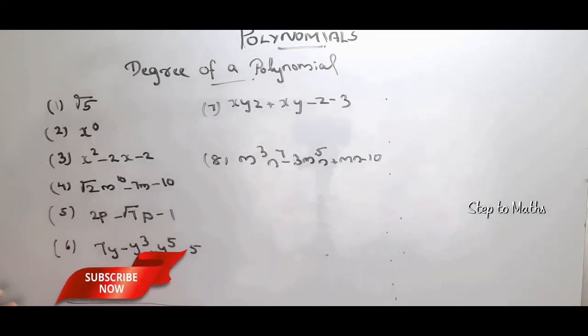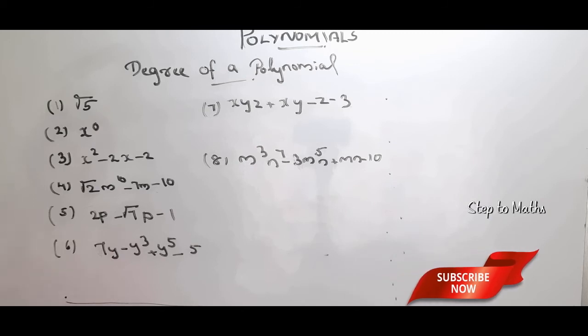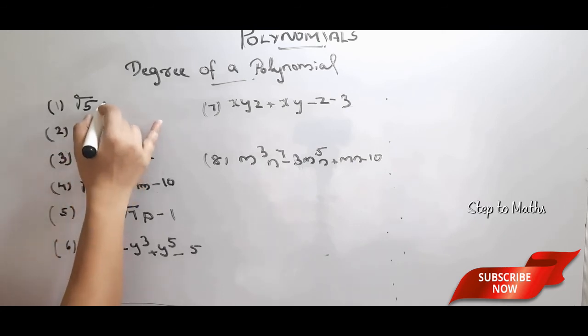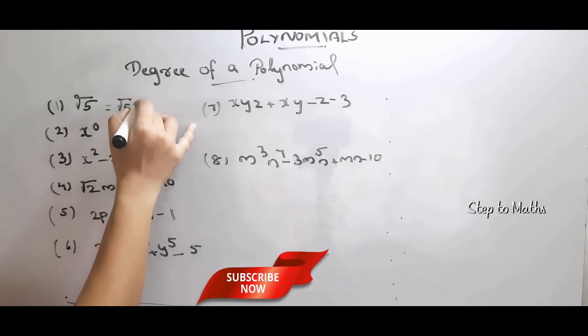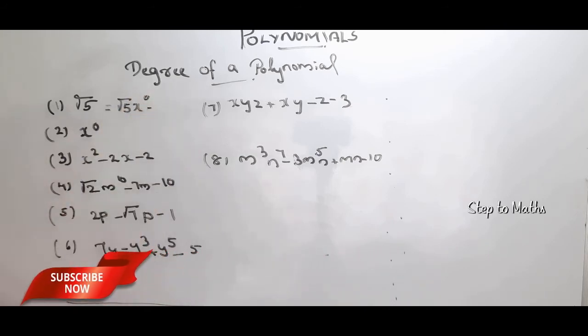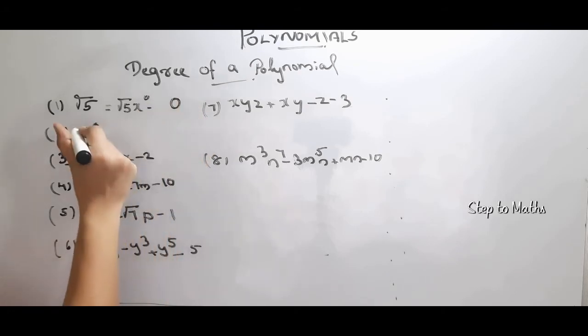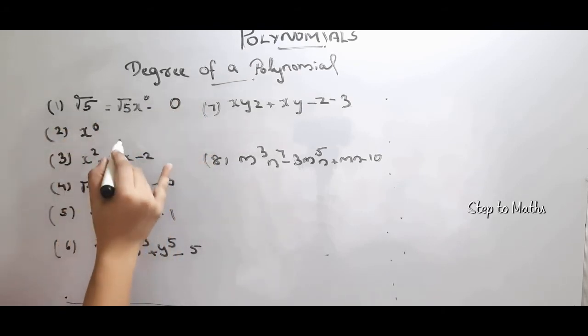Consider these polynomials. Now we are trying to find the degree of these polynomials. The first polynomial is root 5. What is its degree? Root 5 can be written as root 5 x raised to 0. We already said that the degree of a non-zero constant is 0. So the degree of the polynomial root 5 is 0.